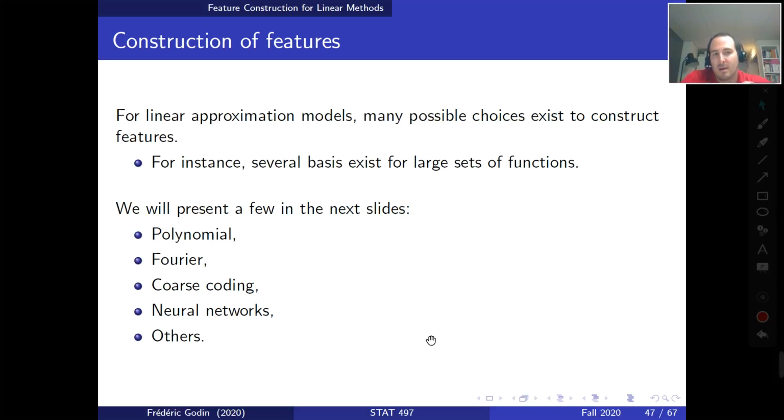The first parametric approximation was state aggregation, where we assume that various states have approximately the same value function. But as we discussed, in practice sometimes this approximation is too coarse, it's not good enough.